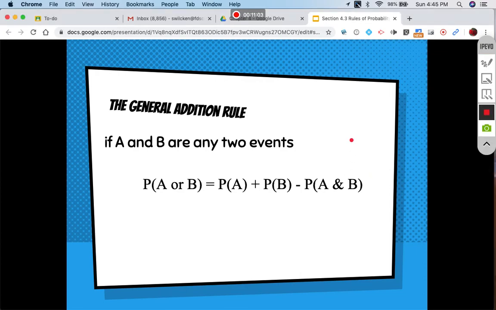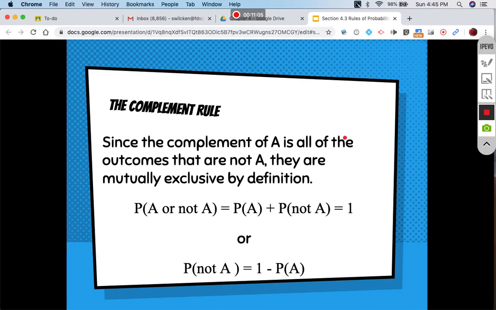So now let's get to our last rule, the complement rule. The complement is anything that's not in A, so the probability of being in A plus the probability of not being in A is everything, which is 1.